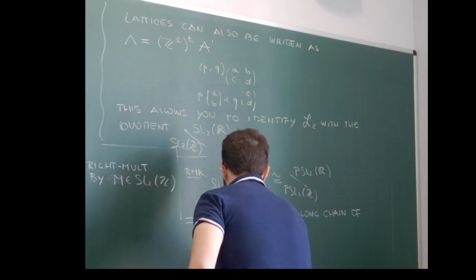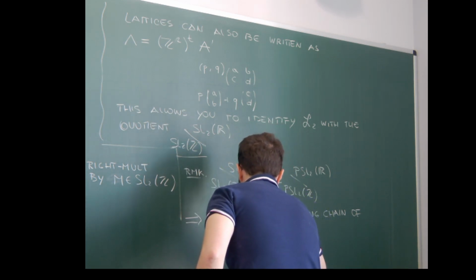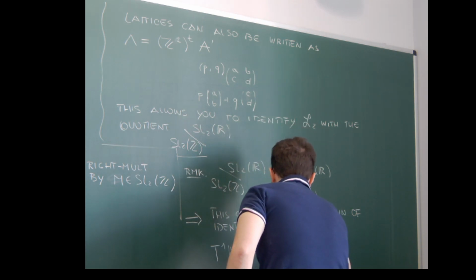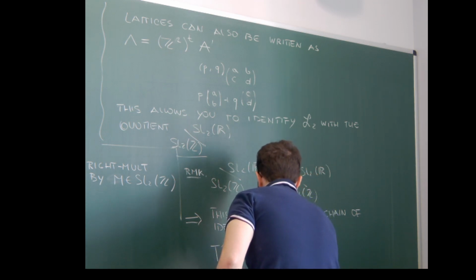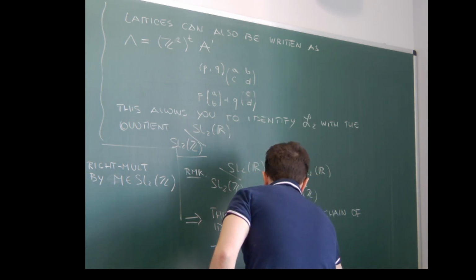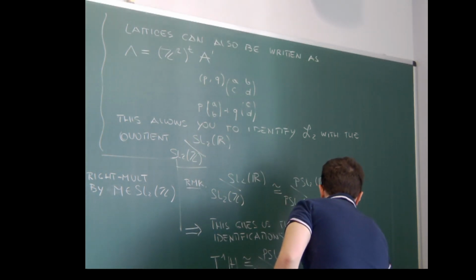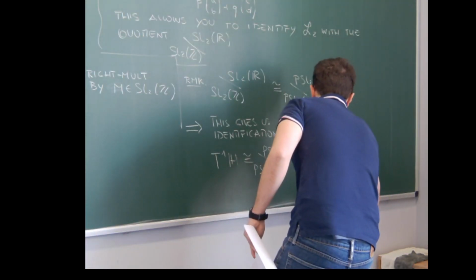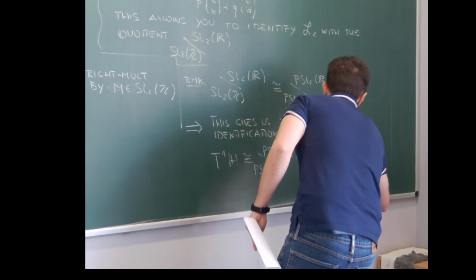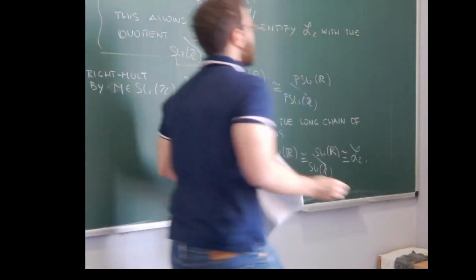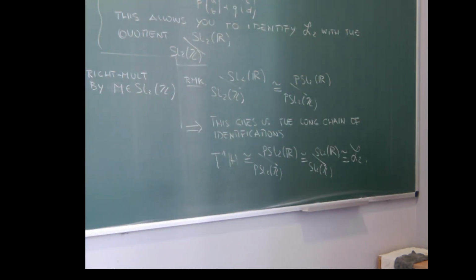So T1H, the unit tangent bundle of the hyperbolic plane, is identified with PSL2R mod PSL2Z, which is also identified with SL2R mod, to the left, SL2Z, which is also the moduli space of lattices in dimension 2.